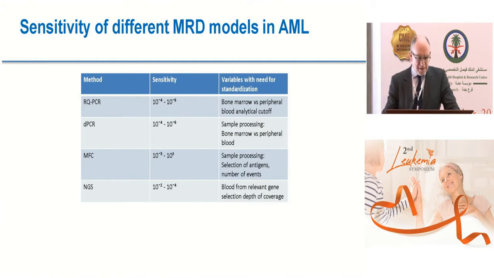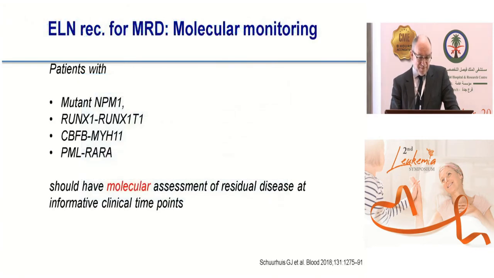Sensitivity is about 10 to the minus 3 or minus 4. Or you can do PCR quantitation, just like BCR-ABL, of specific transcripts, notably NPM1. Or you can, if you're very sophisticated, do next-generation sequencing-based MRD, which is actually much less sensitive.